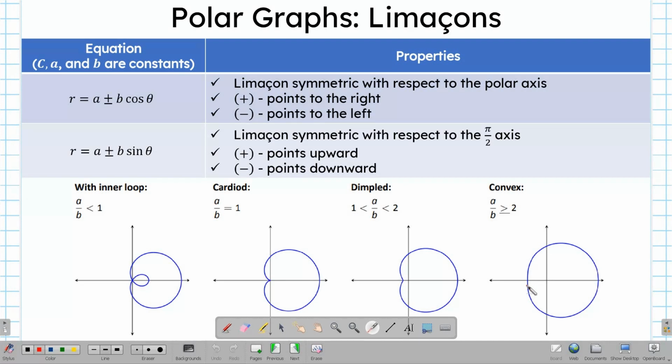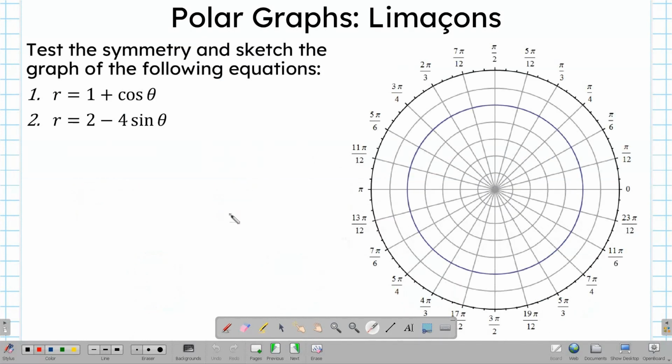So let's practice and also apply the symmetry test when we graph samples of our limaçons. Let's try to graph number 1. R is equal to 1 plus cosine theta.